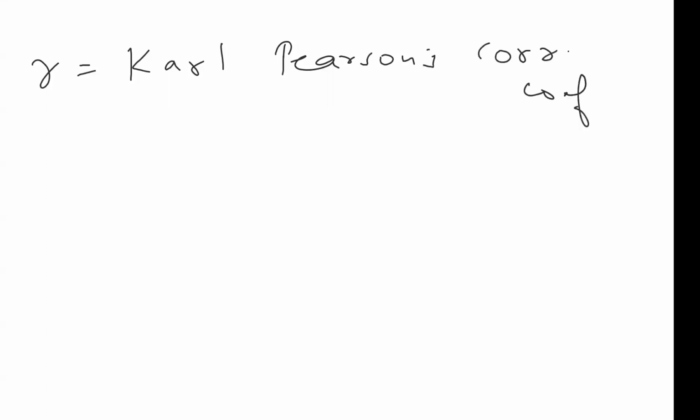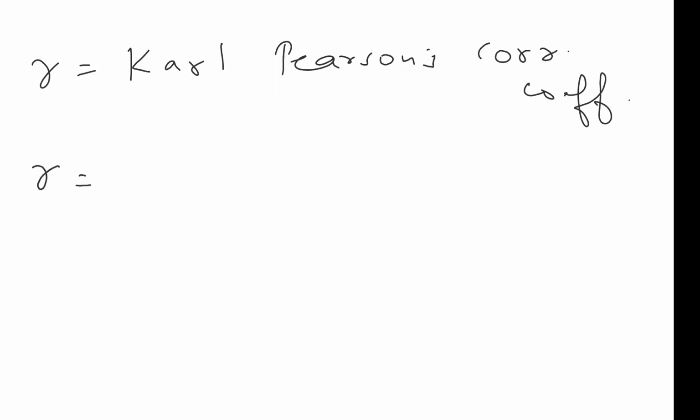Now r, as I said, is Karl Pearson's correlation coefficient, and correlation is not the same as covariance. So these are two different things. Okay.